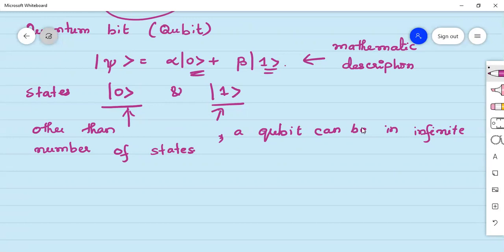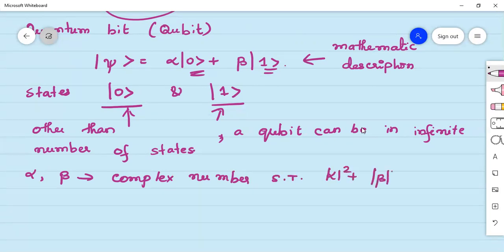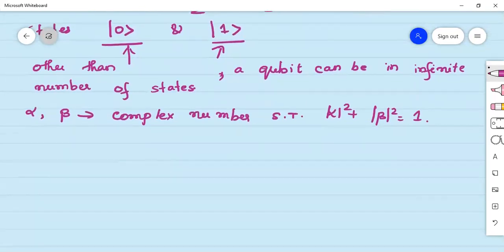Okay, so why it can be in that many states is because alpha and beta, whatever we have represented, these are complex numbers, such that alpha square plus beta square is equal to 1. We are talking about the complex space. Okay, so this is in the complex space.